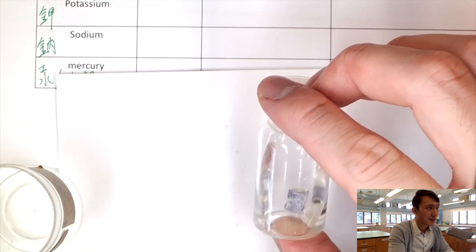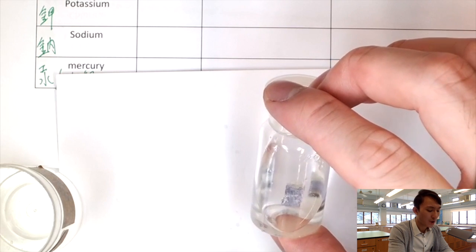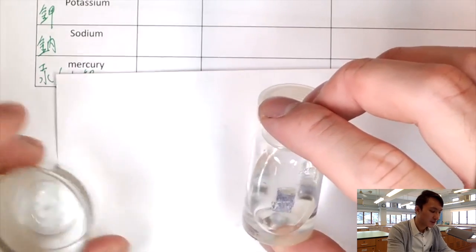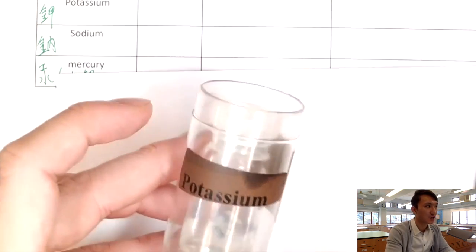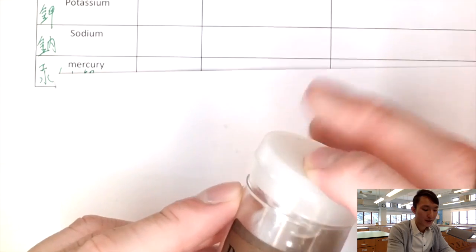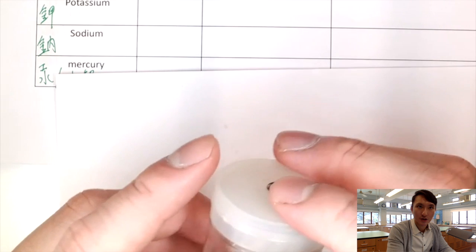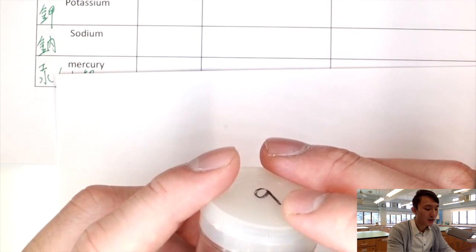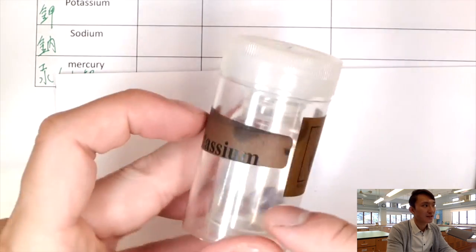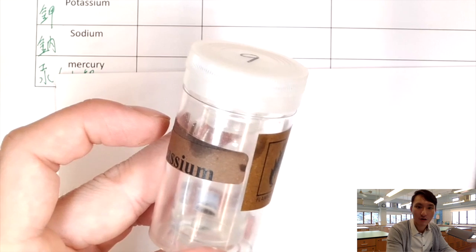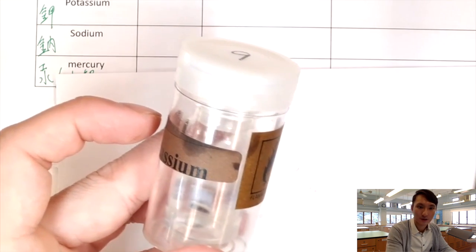Okay. Now you may ask, why are we storing it under the paraffin oil? Now the reason is because potassium metal is very, very reactive. It's a very dangerous metal. It actually reacts with the oxygen in the air to form potassium oxide. Actually, what you were seeing down here, the gray appearance, is actually due to the potassium oxide that is formed on the surface.